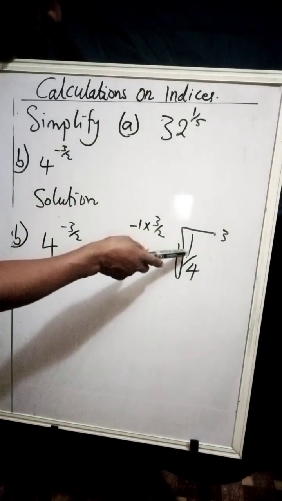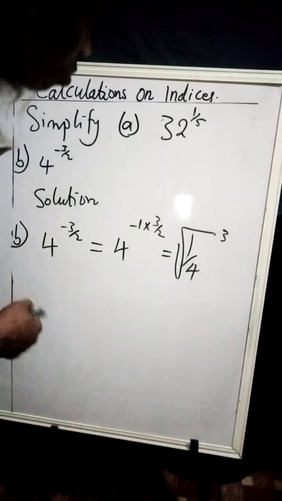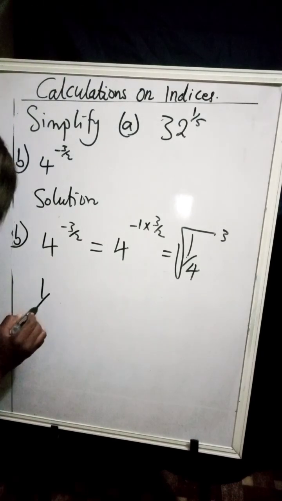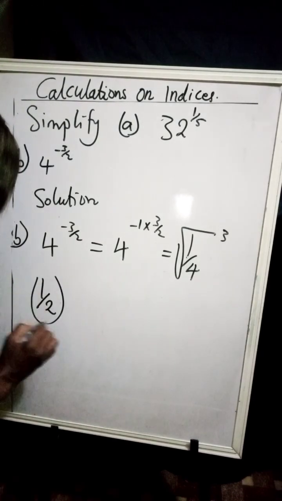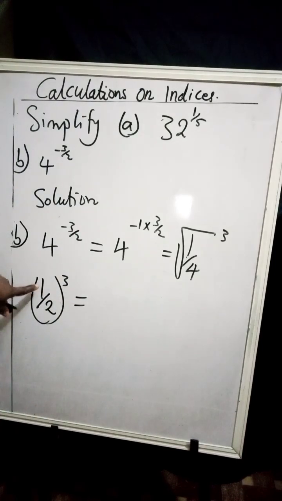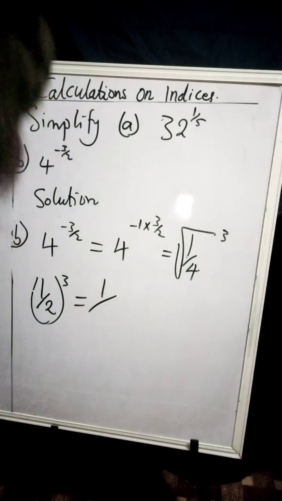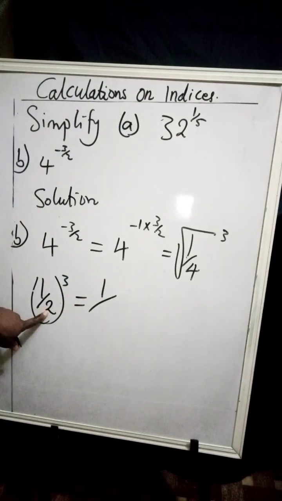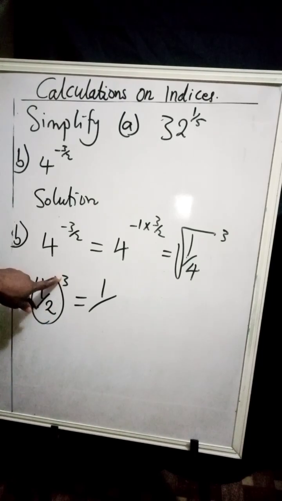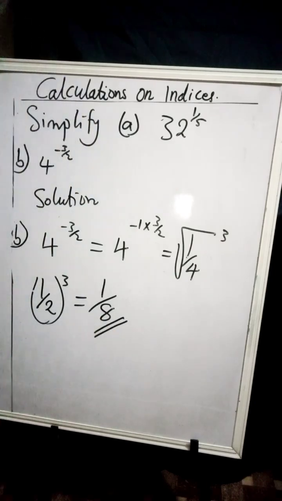The square root of 1 is 1, and the square root of 4 is 2. So we will have 1 over 2 to power 3. And that is 1 multiplied by 1 multiplied by 1, which will still give you 1, over 2 multiplied by 2 multiplied by 2. That is 2 multiplied by itself 3 times, which gives you 8. So this is the answer.